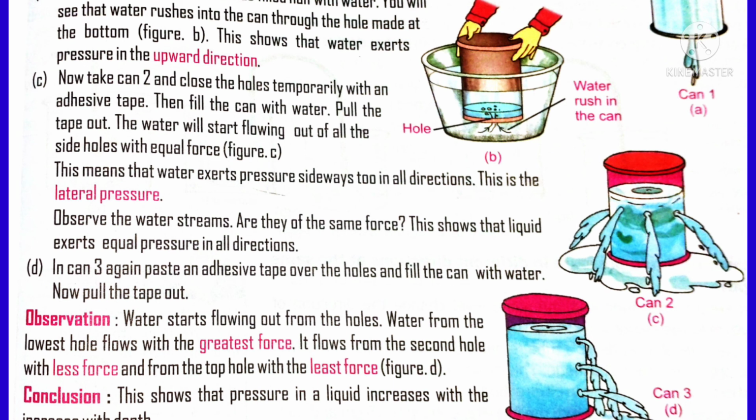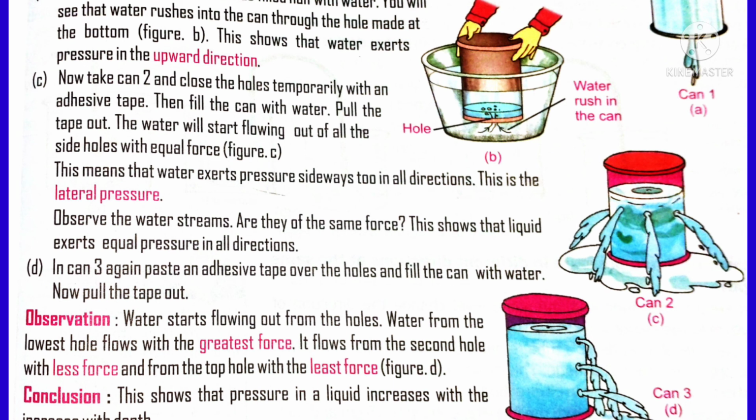Now in can 3, there are three holes, one over the other at different levels, with equal-sized holes. In the same way you are going to close all three holes with the help of tape. After that you are going to fill can 3 with water. Now you are going to remove the tape.